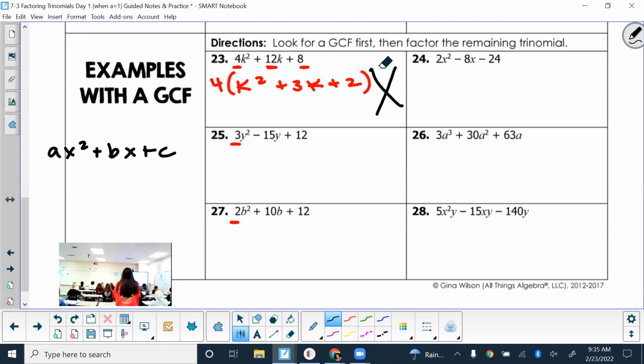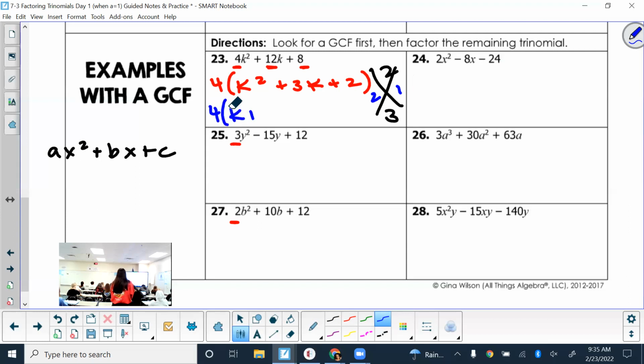So then I can use the diamond method on this problem. So on top of my diamond would be what number? On the bottom would be what number? And then I need two numbers that multiply to 2 but add to 3. 2 and 1. And they're both positive in this example. So GCF stays outside the parentheses.